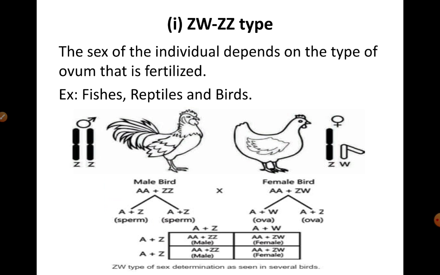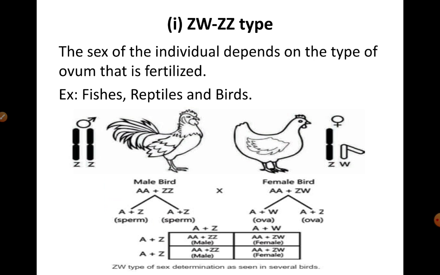Now the first one, the ZW and ZZ type. Here the sex of an individual depends on the type of ovum that is fertilized. Previously it depended on the type of sperm that fertilizes the ovum, because the male was heterogametic. Here, since it represents female heterogamety, the sex of the offspring depends on the type of ovum that is fertilized by the sperm.